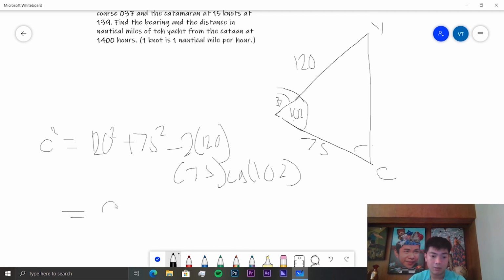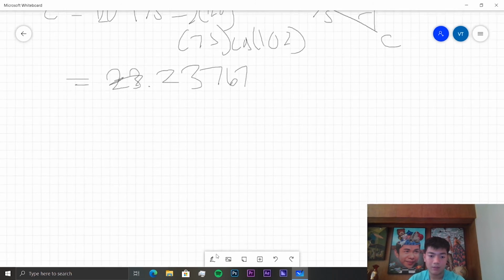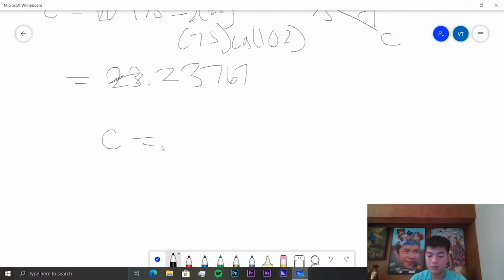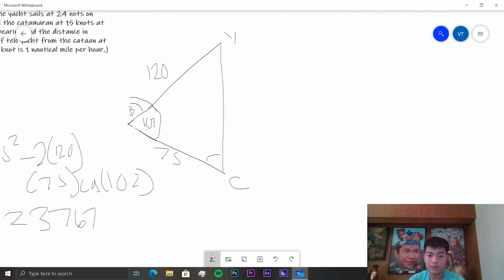So that's around 23,767. So the actual distance is equal to the square root of that, which is 154.2 nautical miles, and we need to find the bearing now.